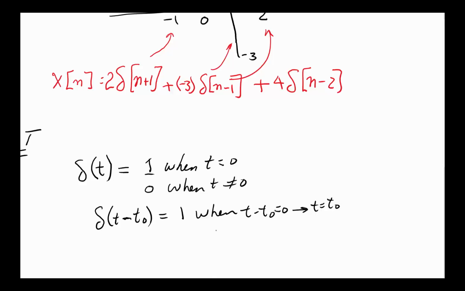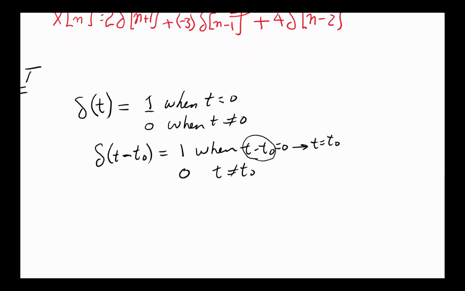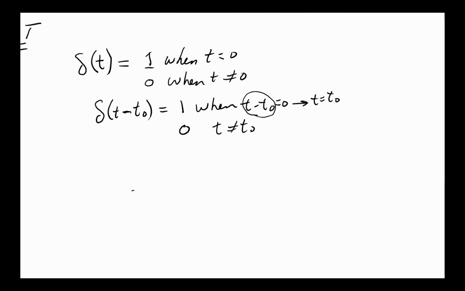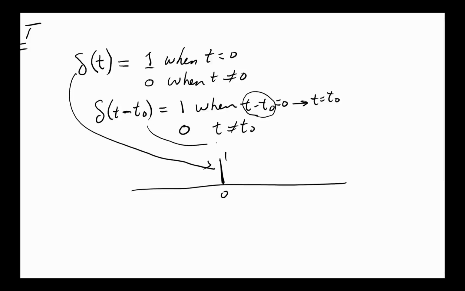Otherwise, anytime t is not equal to t0, this is equal to 0. Okay, so what do they look like? Well, if I plot these, the delta t sits at 0 with a value of 1. So this is representative of that. This one, let's say t0 was positive, it would sit here, t0 is here, and the impulse would be sitting in here. This is the t-axis.